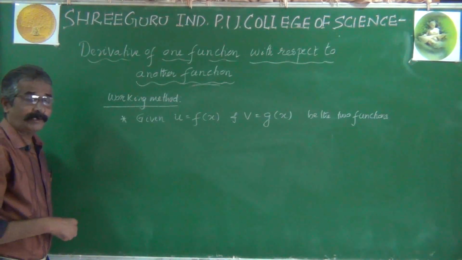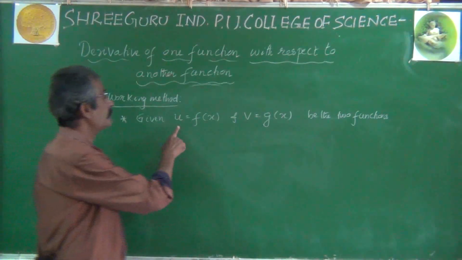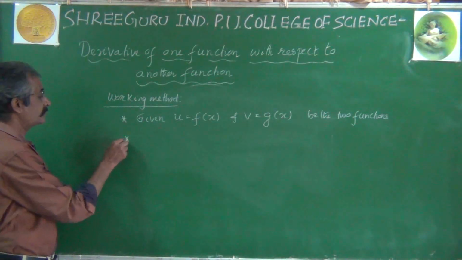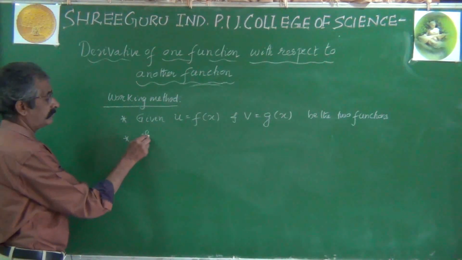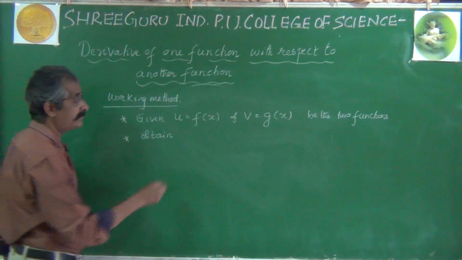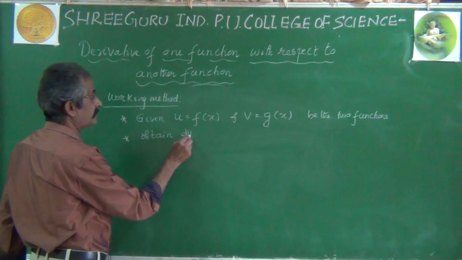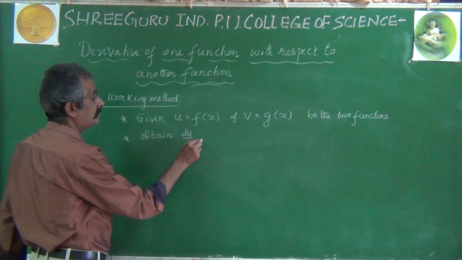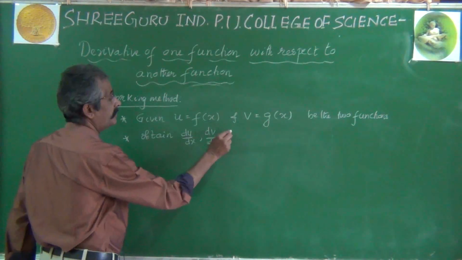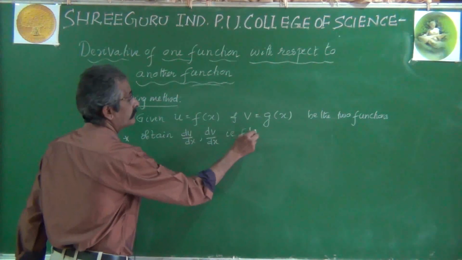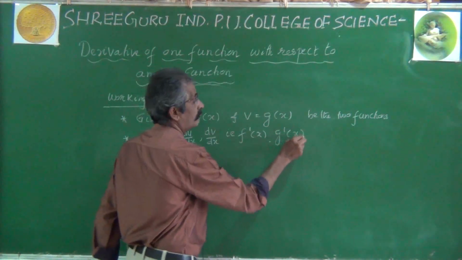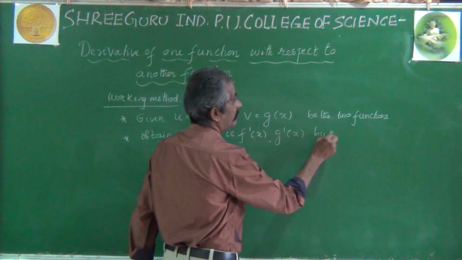What we require is to find the differentiation of u with respect to v. After this step, obtain du by dx, dv by dx, that is f dash x, g dash x, by earlier methods.